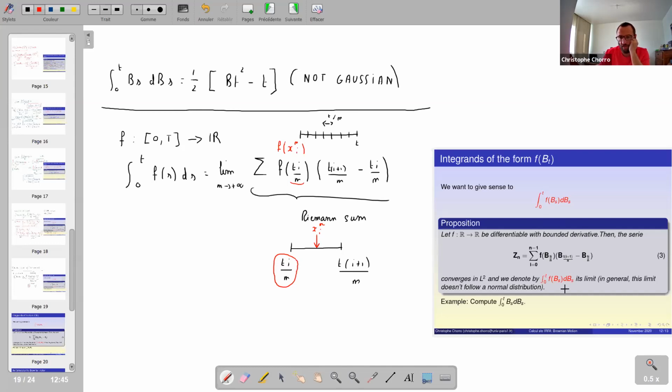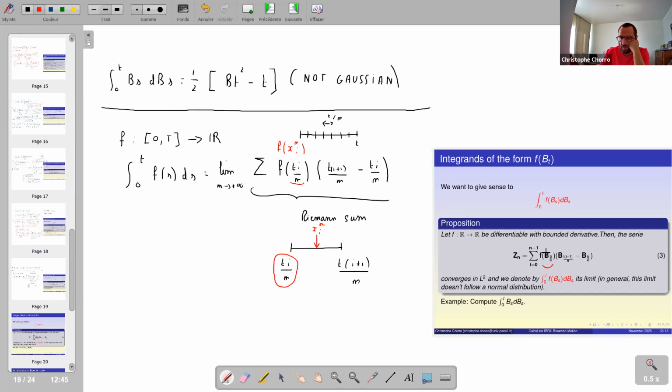So in this definition here, you see that I choose B at t_i over n. And the natural question is: is it possible to do the same as in the case of the Riemann sum? That is, instead of taking B at the lower point of the interval, take B at, in fact, any point? But the answer is no. If I take B at t_i over n here, it's not an innocent choice.